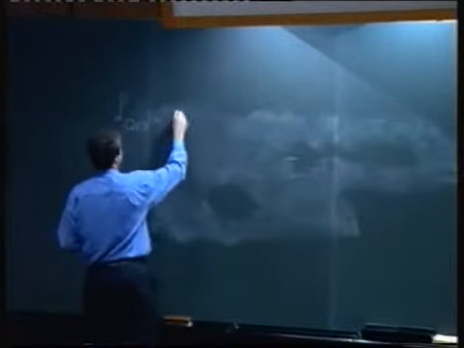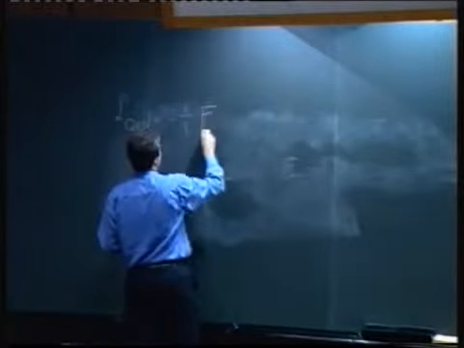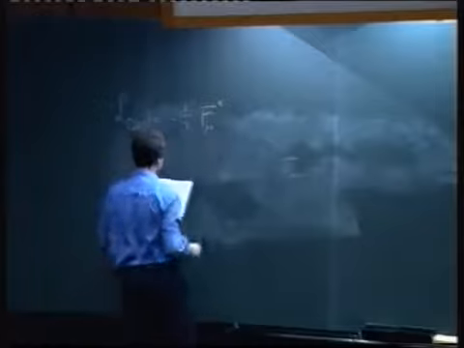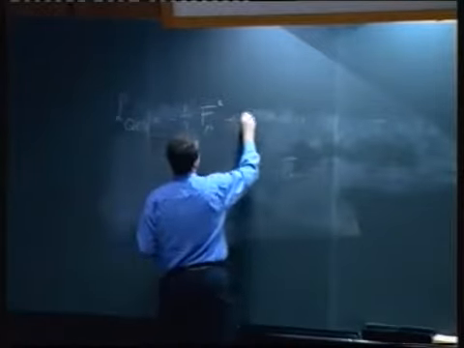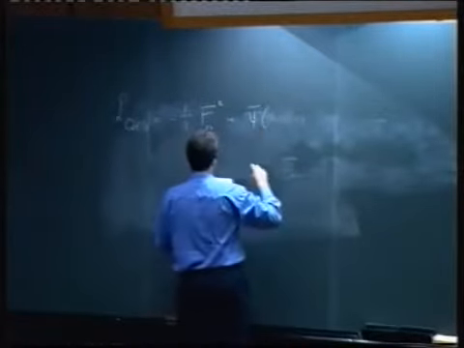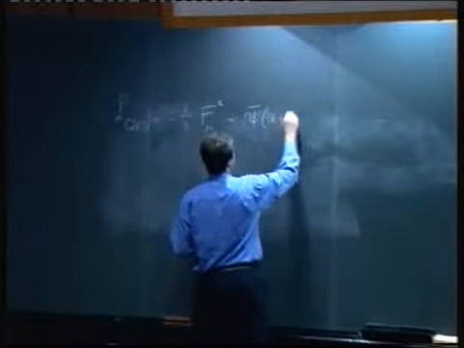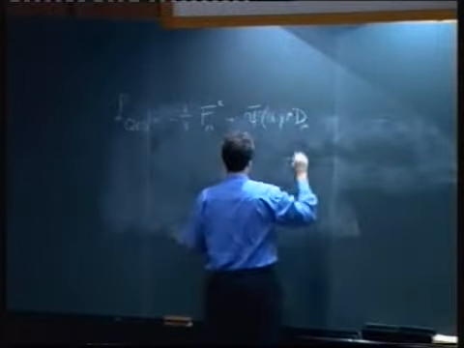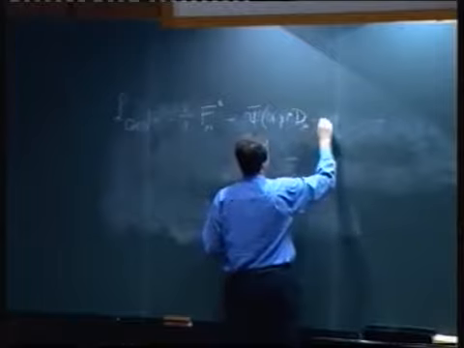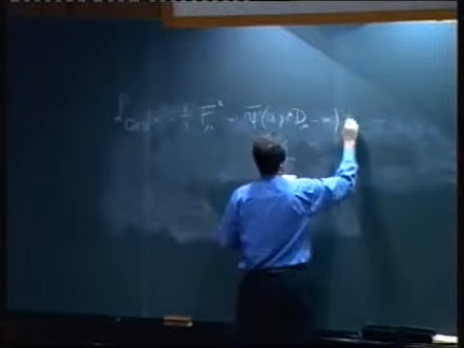The Lagrangian for QED is minus a quarter F mu nu squared plus psi bar, then there is an i gamma mu D mu minus m, acting on psi.